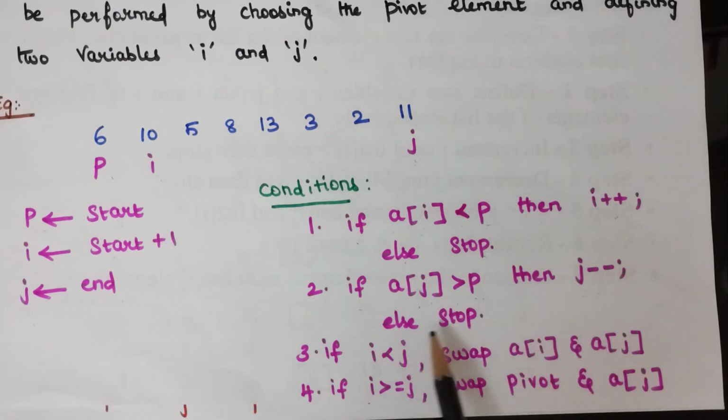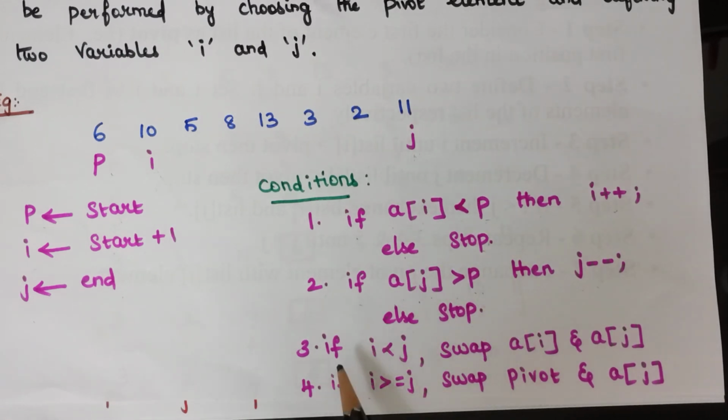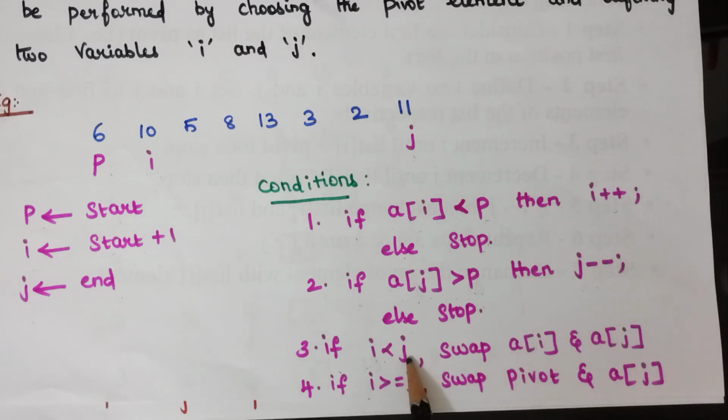If it is true, then we perform j--, that is, decrement the value of j by 1. Otherwise stop. Once you stop doing these two processes, the third condition is to check whether the index value i is lesser than the index value j.